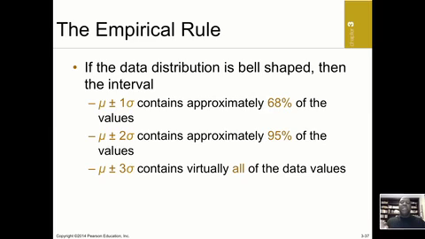Now, if the percentage of values that fell in those ranges are similar to these values right here, 68%, 95%, and almost all, then I could argue that the sample came from a bell-shaped curve. Right? Because remember, if the sample is displaying a similar characteristic to the population, when the population is a bell-shaped curve, then that sample could have come from a bell-shaped curve.